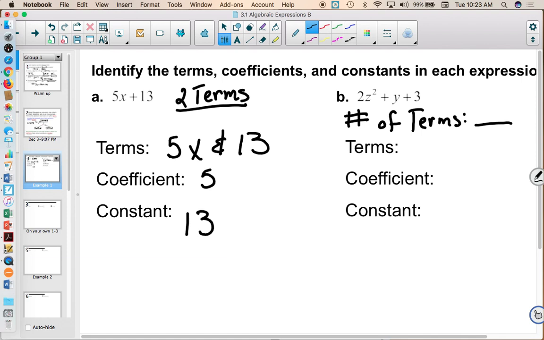You got to figure out how many terms there are. Good, that works just like that. I like the way you did it. That's smart. And then, okay, now that one you got to look at. And this one. Okay, good try. I want you to do your best, and then we're going to talk about these.